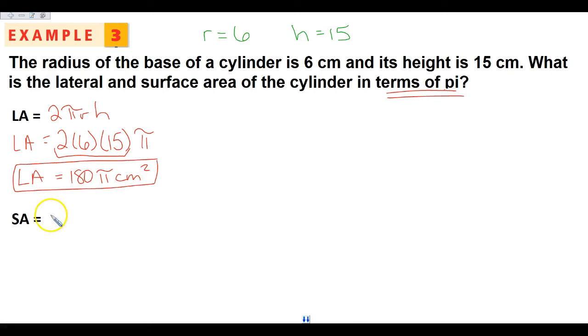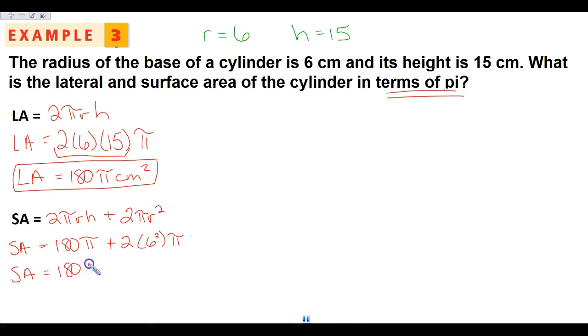Then my surface area is my lateral area, which is my 2 pi rh, plus 2 times area of the base, and area of the base is pi r squared. So 2 pi rh plus 2 pi r squared. We already know that 2 pi rh is 180 pi, plus 2, again, my radius is 6. 6 squared is 36.